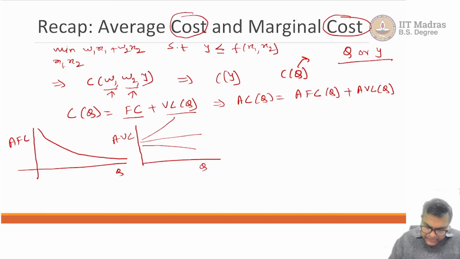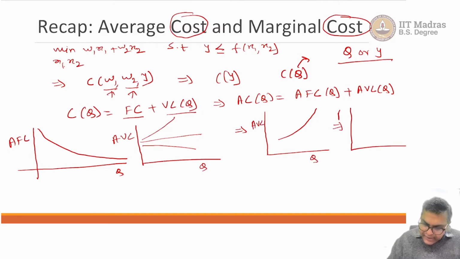But typically we will assume, just for example, that average variable cost is increasing, like this. So we will obtain average cost, first it goes down and then it goes up like this.